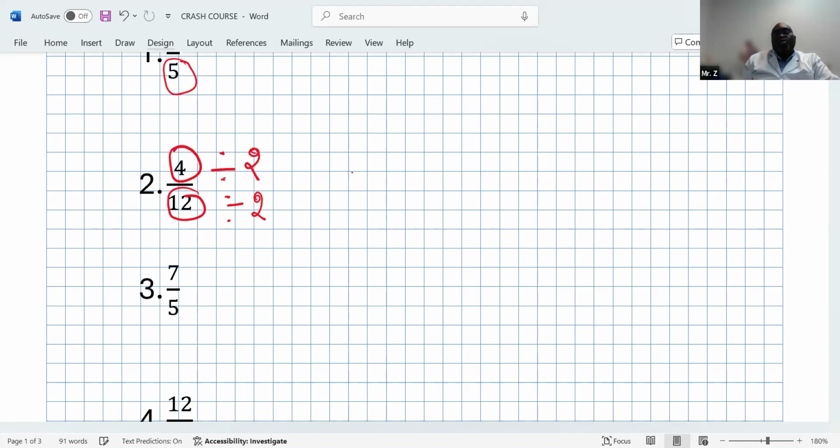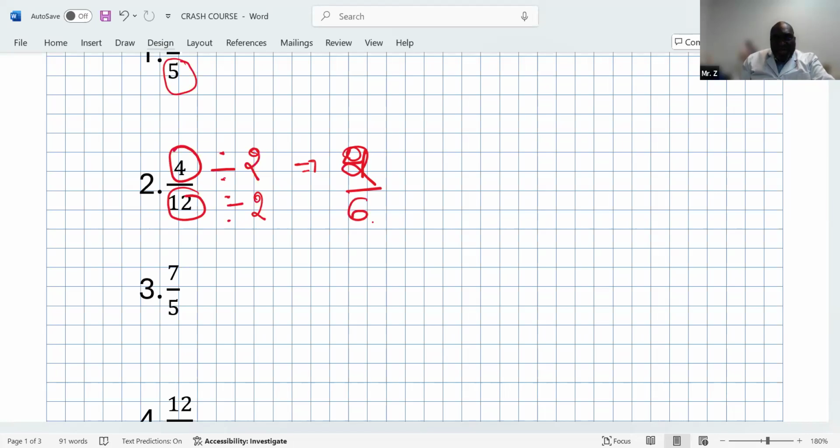In case you don't know that 4 can be simplified by 4, you at least can make your way. You simplify 4 by 2 and you have 2, and you simplify 12 by 2 and you have 6.